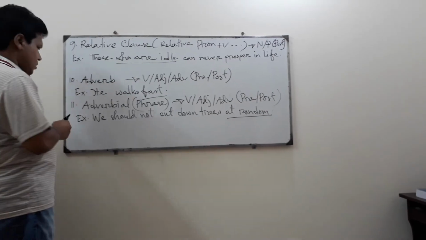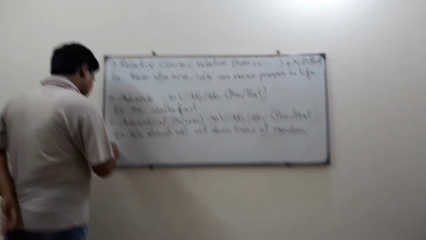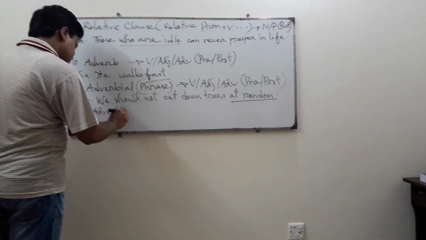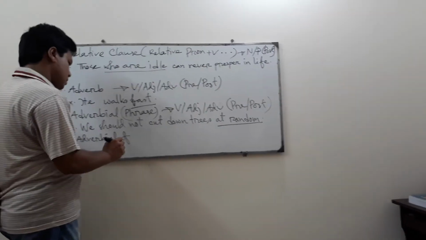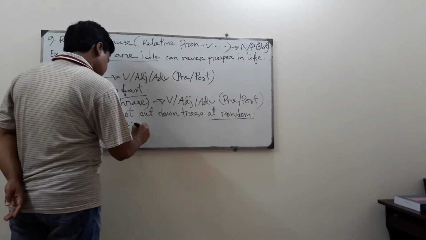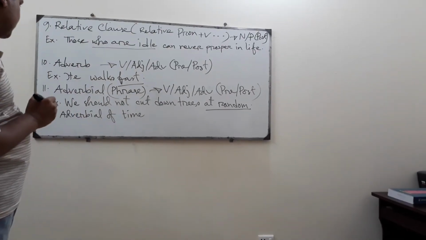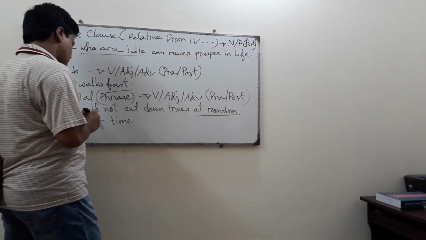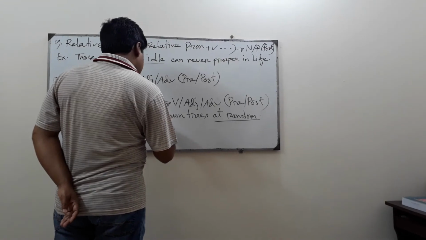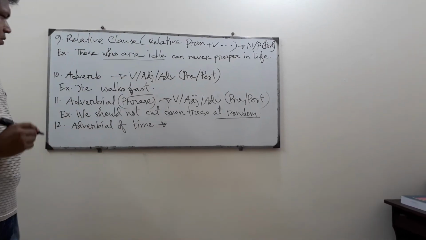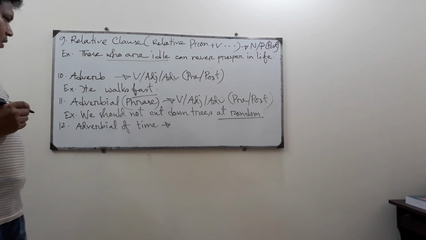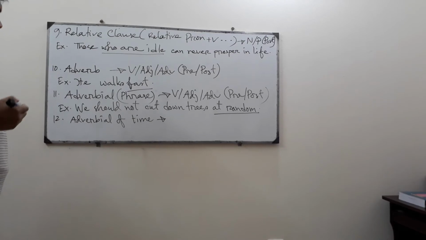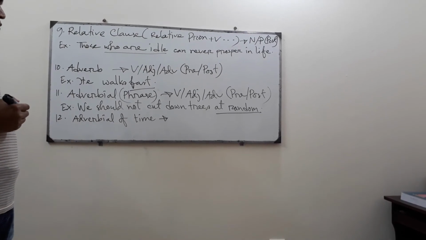Okay. Then number 12, adverbial of time. An adverbial of time may be a phrase like last week, last month, or next week, next month, or again it may be a word like today, tomorrow.